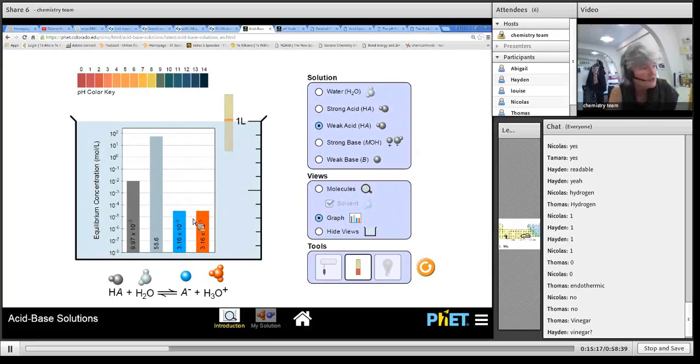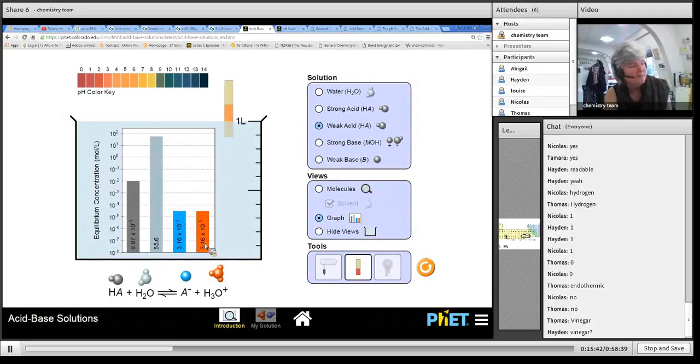So can you see we've now got fewer hydronium ions compared to the strong acid, where we had more hydronium ions. And the pH is a function of the amount of hydronium ions. So that's why it's now got a higher pH, because it's an inverse function.